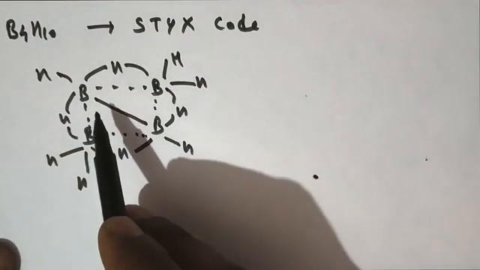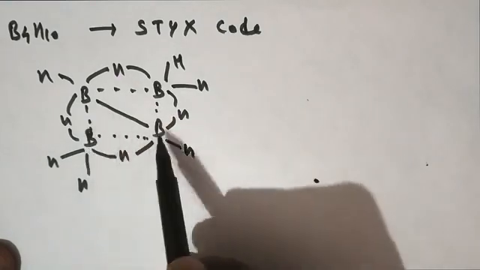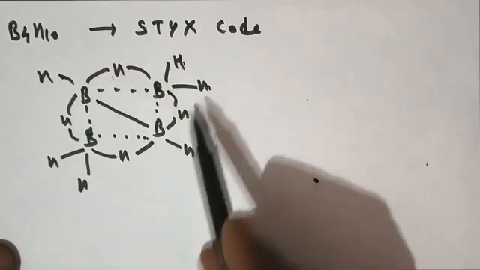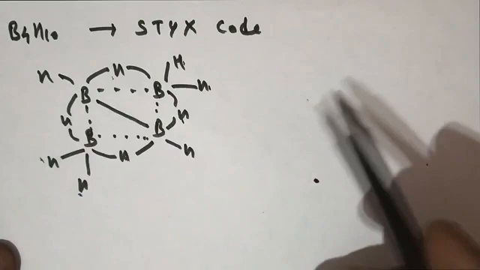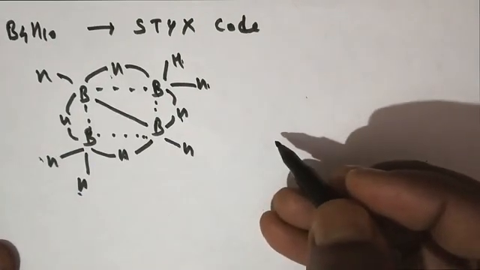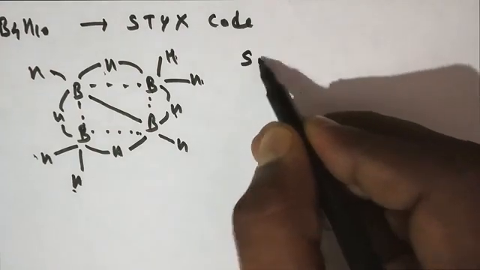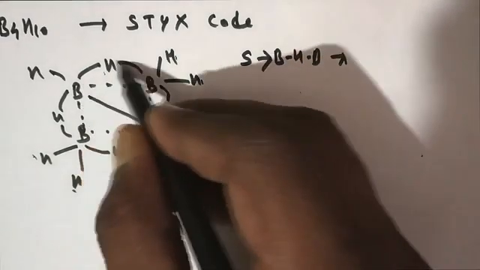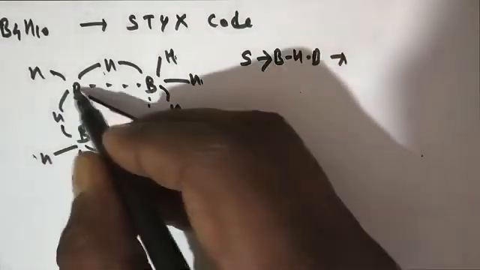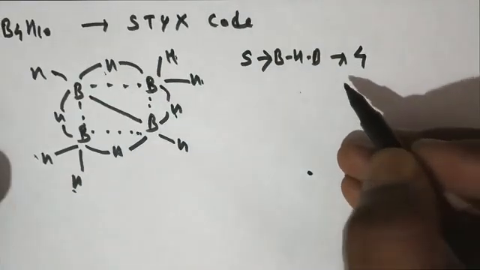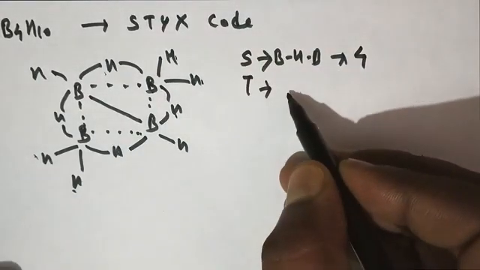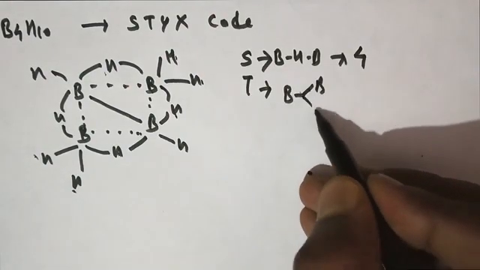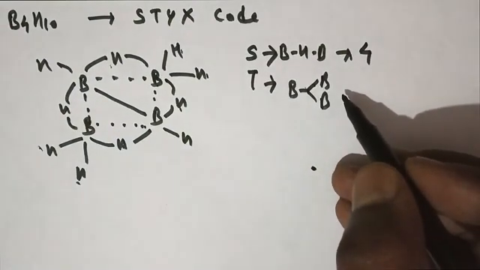Now we can count the number of boron: 1, 2, 3, 4. Total 4 boron, that is B4, and 10 hydrogens, that is 1, 2, 3, 4, 5, 6, 7, 8, 9, 10. Total 10 hydrogens are available. So its STYX code will be: S is represented for the BHB bond, which is 1, 2, 3, 4, so S is 4. T is the BBB bond, and this BBB bond will be 0.